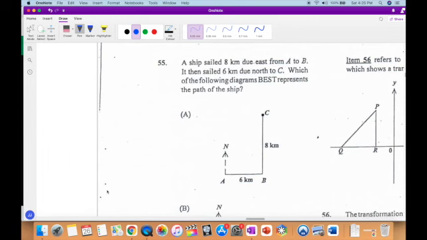55. A ship sailed, and this is a repeat question, it was in the last paper that we did.